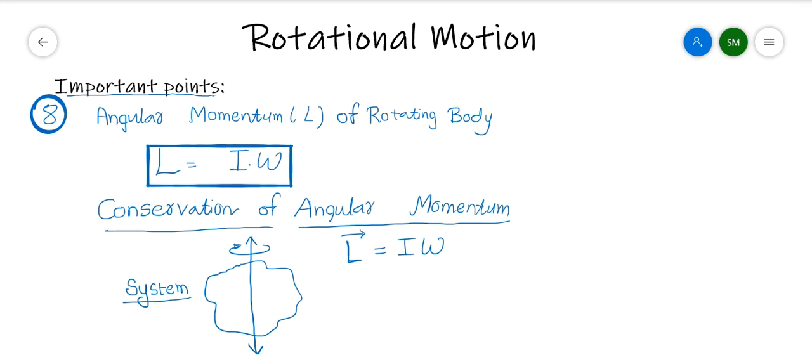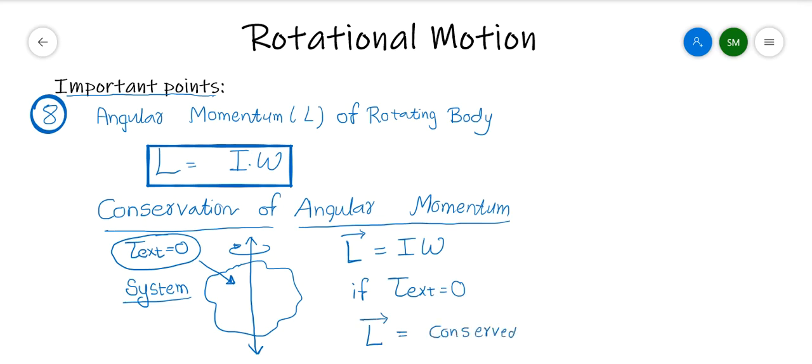Now the law of conservation of angular momentum says that if we do not apply any external torque on this system, if the external torque acting on the system is 0, the system is not experiencing any torque from outside, then the angular momentum of the system, that is L of the system, remains conserved.